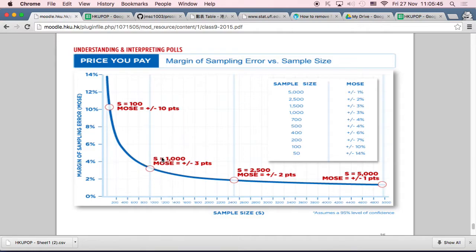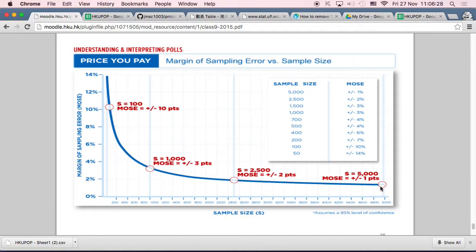Most surveys have a sample size of about 1,000, because this is the best sample size. If you need to further reduce the margin of error by 1%, you need to add 1,500 more samples. To reduce it by another 1%, it will be 5 times the sample size of 1,000, which is not economical because you need people to do the survey.